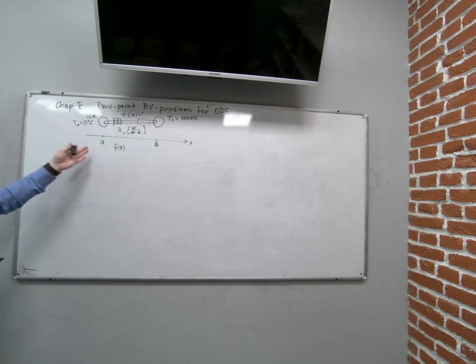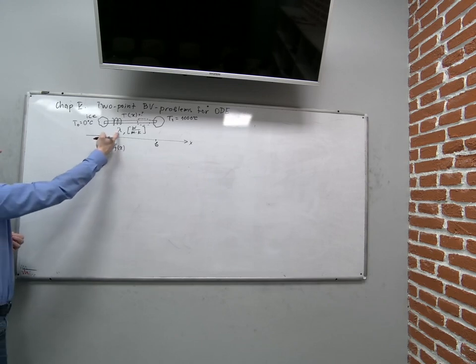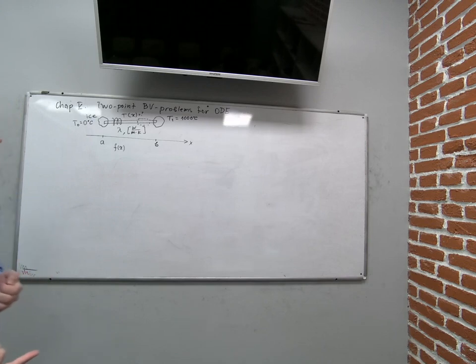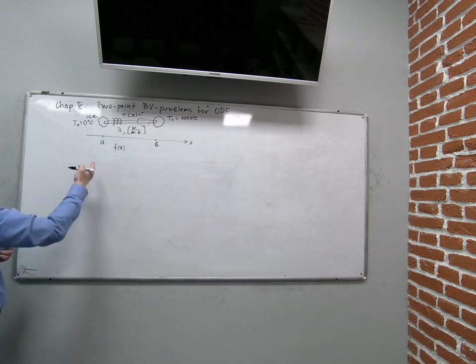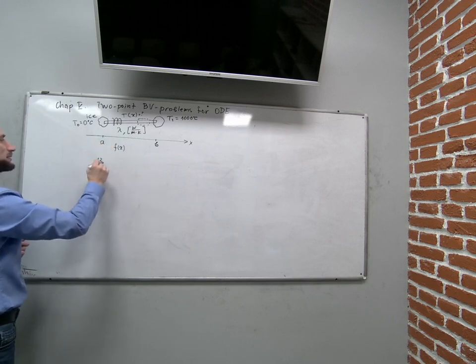So, in these assumptions, let's write the differential equation that describes the temperature distribution along the rod. If this parameter is constant, then we would be able to write the second derivative.